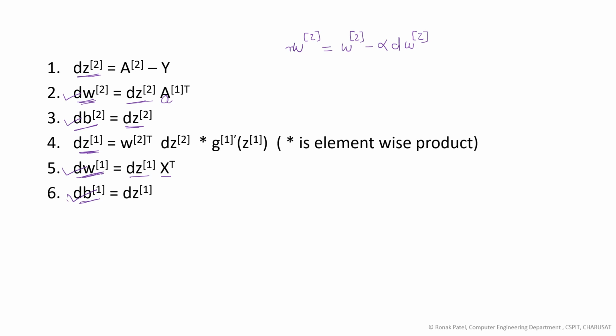So this way we update. Why is this a minus sign? Because we want to minimize the loss. That's why. And this alpha is your learning rate.